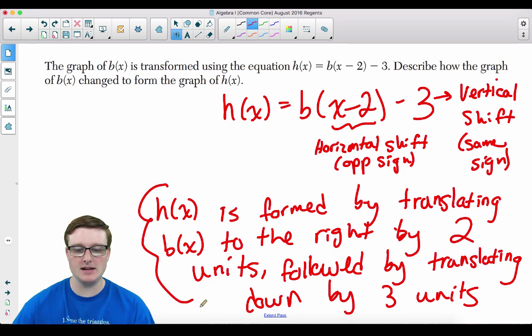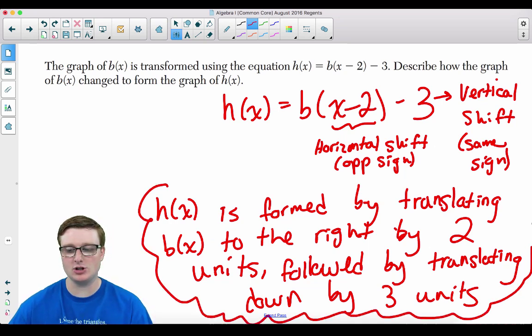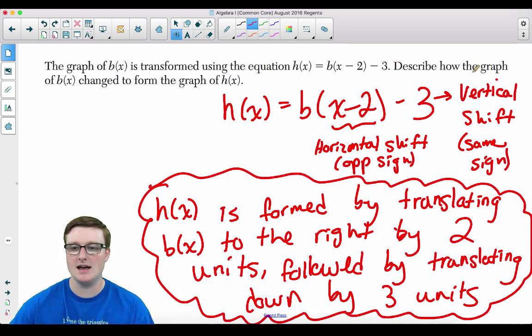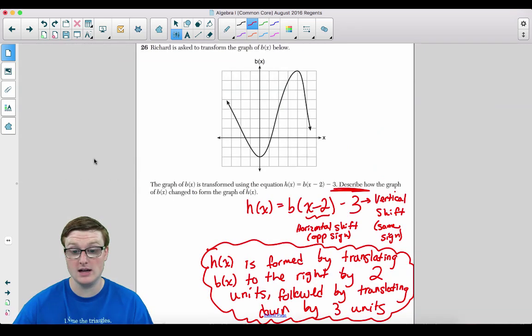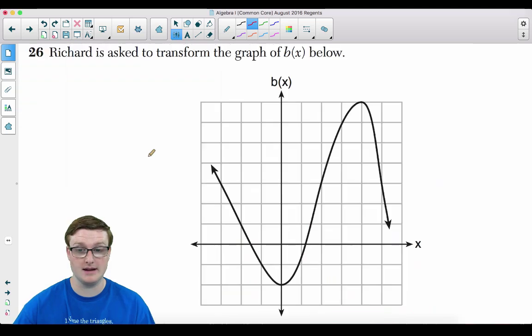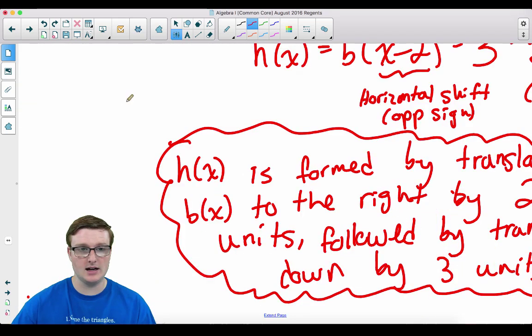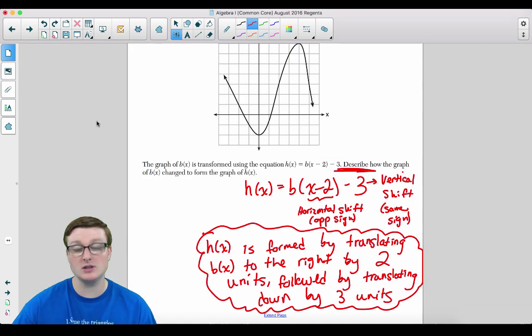And that, ladies and gentlemen, is a proper description of how it was transformed. Because it did say describe, you actually do need to be specific in order to get that question right. All right, and that is how you explain it.